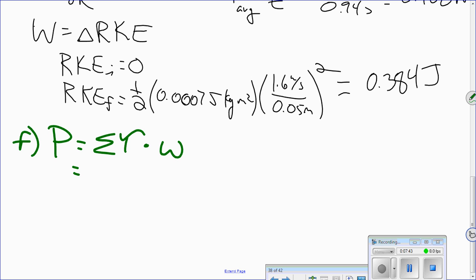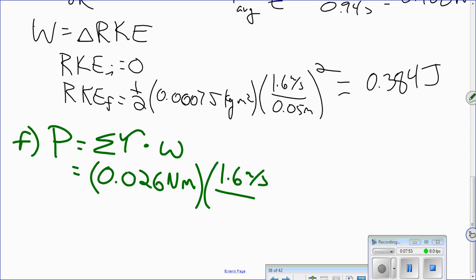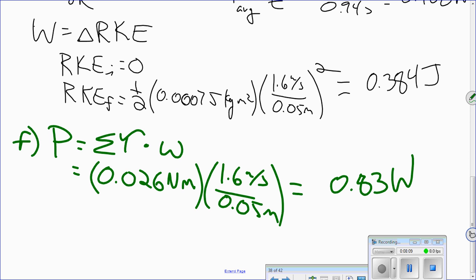The net torque we already know is 0.026 newton meters. And omega is this 1.6 meters a second over 0.05 meters. It gives you 0.83. Again, watts.